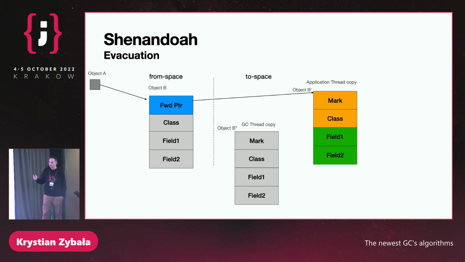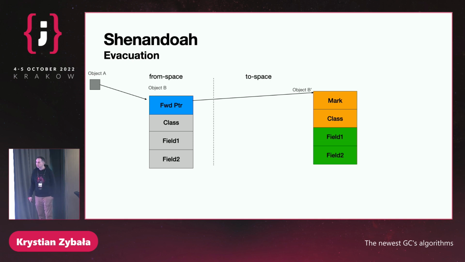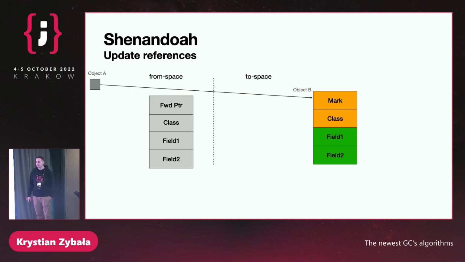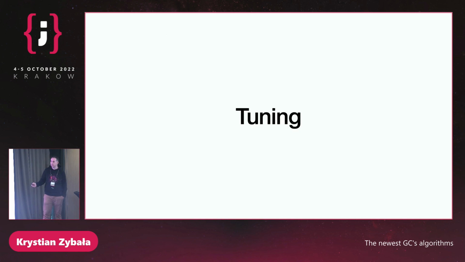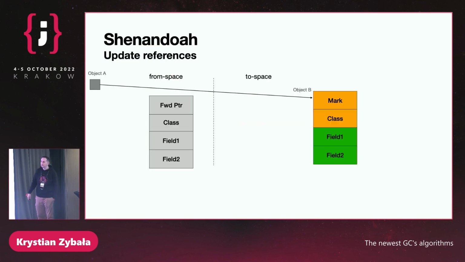What does it mean? That after that we have only this copy, which was created by the application thread, and after that is update reference. It means that the forwarding pointer is moved to the new to-space location, and after that we remove the copy from the to-space.